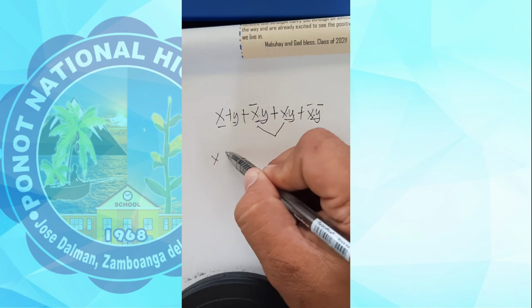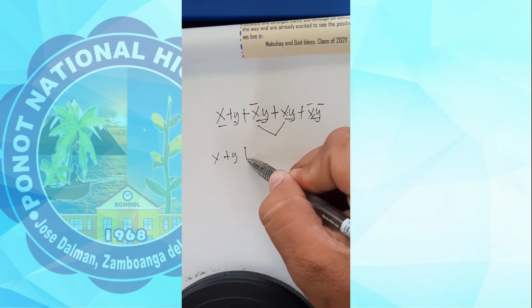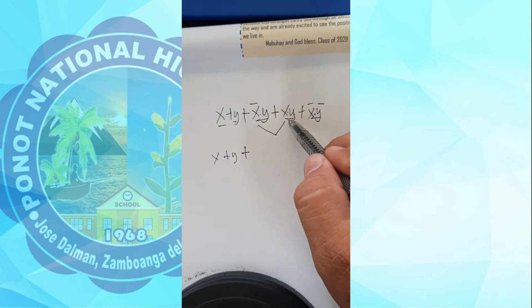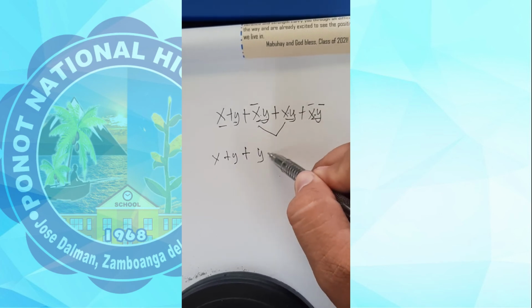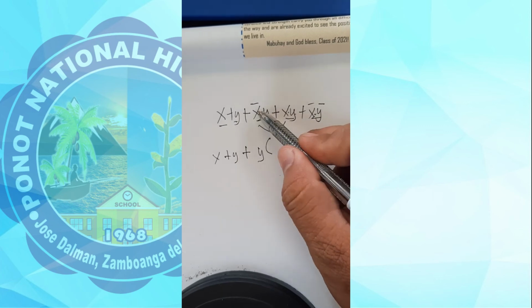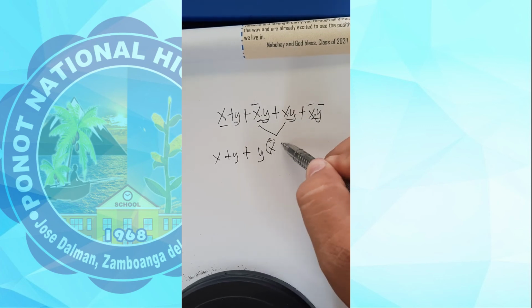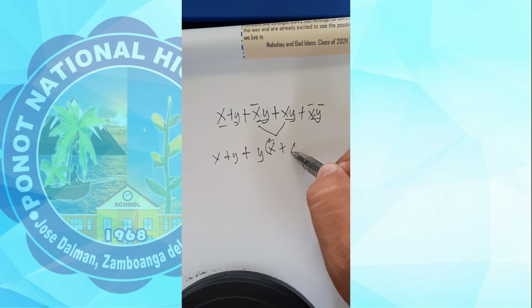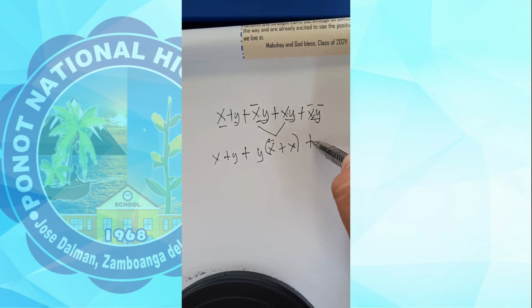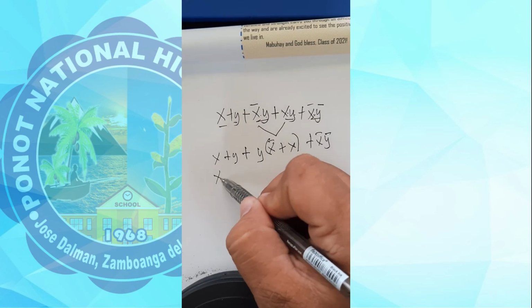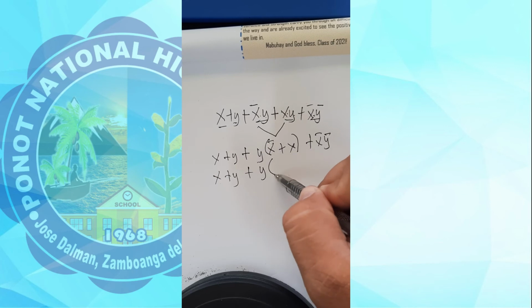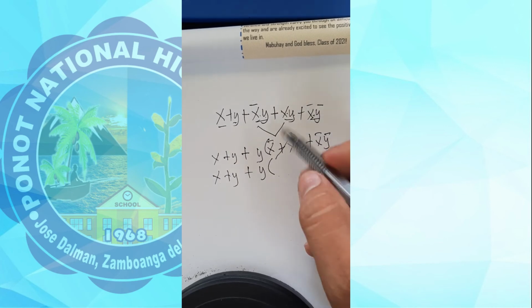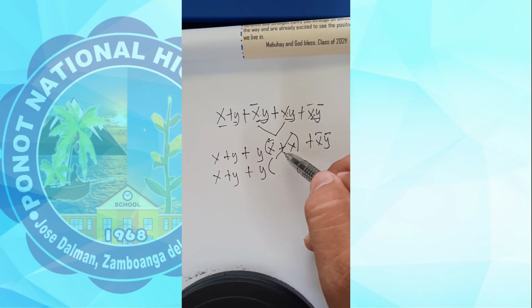So we have x plus y plus. So what is common between the two terms? Y. Okay, this is y. Then anong natira? X bar plus, ang kabila is x. Then, x bar y bar. So, let us simplify. Alam naman natin that x bar plus x. So, looking at your postulates.